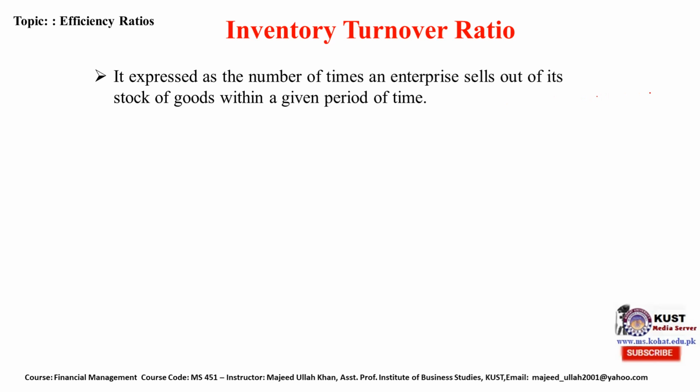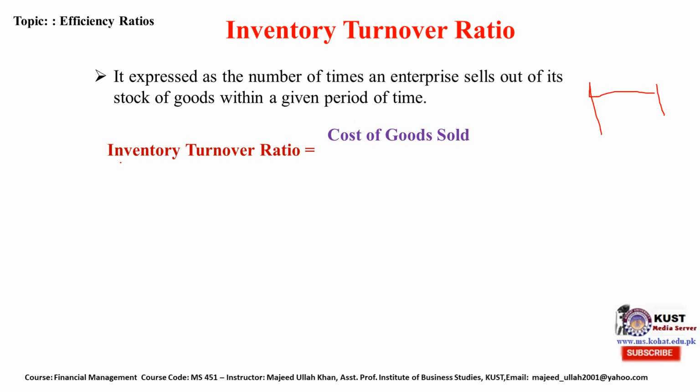Let's suppose we are studying a one-year accounting period, and we want to calculate how frequently the enterprise is using its inventory over the given period. So the inventory turnover ratio is calculated as cost of goods sold divided by average inventory.